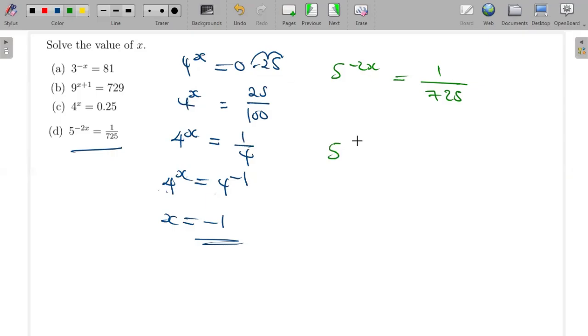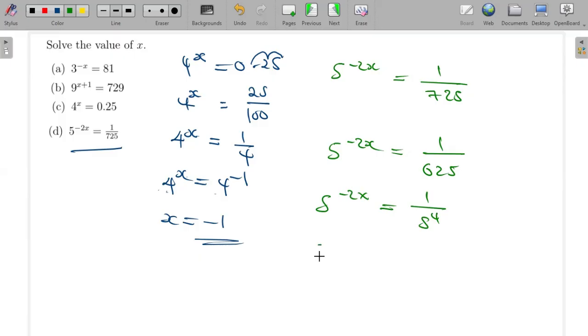So I'll take it in both ways. So if they had written it as 5 to the negative 2x is equal to 1 over 625, I know that 5 to the power 4 gives me 625. So I could have written this as 5 to the negative 2x is equal to 1 over 5 to the 4th.